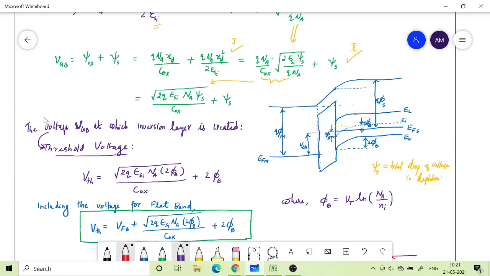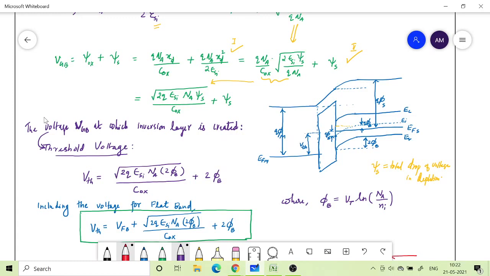What do we mean by inversion layer? As I said, if I increase the gate voltage with respect to bulk, first holes are pushed away and a depletion region is formed, and if I keep on increasing, electrons will be attracted underneath the oxide interface, and that will create a channel, shown here by this band bending.